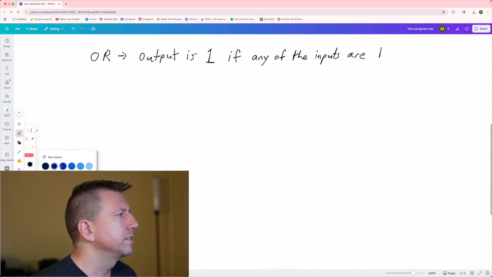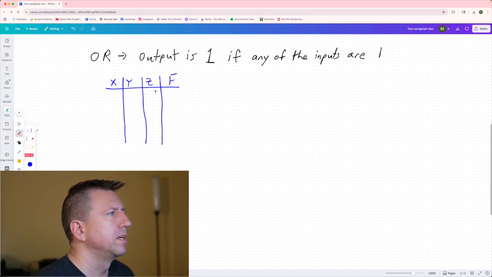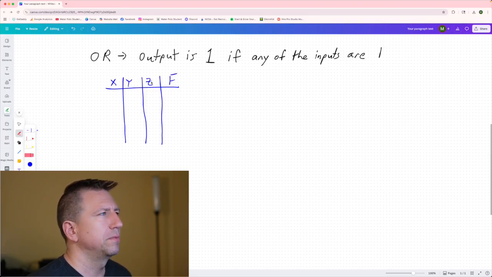And so let's go ahead and do our truth table first. How many rows are we going to have if it's a 3 input gate? Well, that means we have 3 inputs coming in, 1 output. So Z can have 2 possibilities, so that's 2 rows.